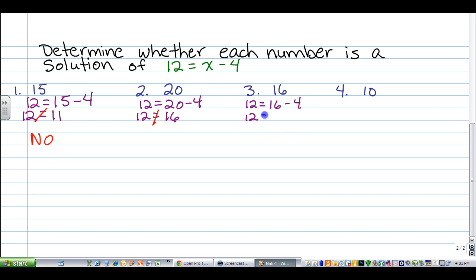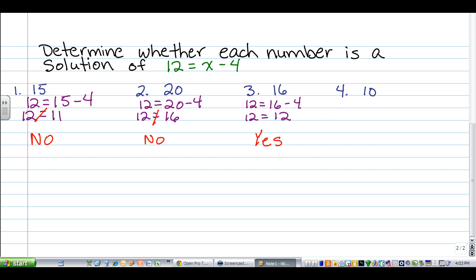Let's solve it. 16 minus 4 is 12. Little alarm should be going off. Woo, woo. Is this the solution? Yes. This is the solution. I forgot to write no over here.